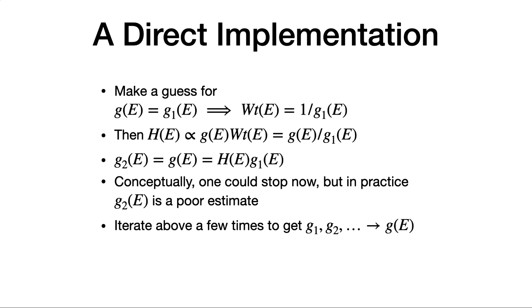Now you have a simulation with your guessed G1 of E, and you get some histogram. Now if I take the G1 of E which I have guessed, I will get my G of E. So G of E is the histogram times G1 of E. Theoretically this is the right answer. But you can make a guess for G2 of E. When you run G2 of E, generate G3 of E, and you have the right answer.